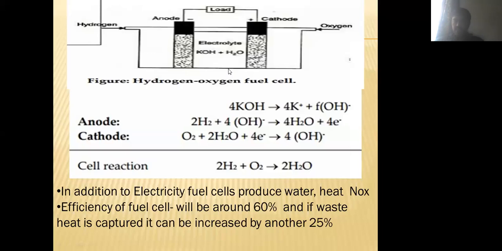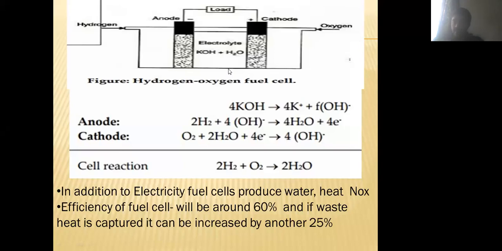Naturally, I'll start with the cathode part. Here we consider the water content, which is going to be divided. This water is a combination of two ions: one is H plus ion, the second one is OH minus ion. Now these H plus and OH minus ions separate.